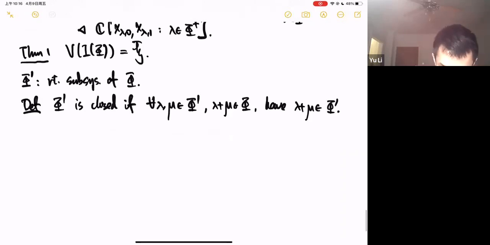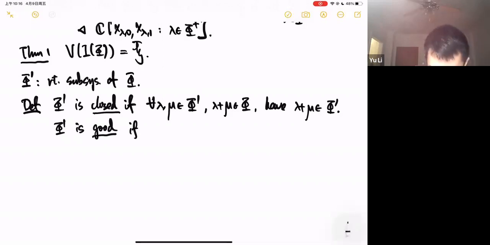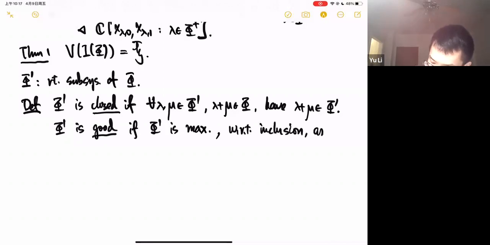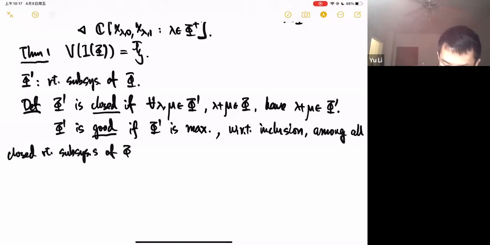And then we say that phi prime is good if phi prime is maximal with respect to inclusion among all closed root subsystems of phi whose rank is rank phi minus 1.